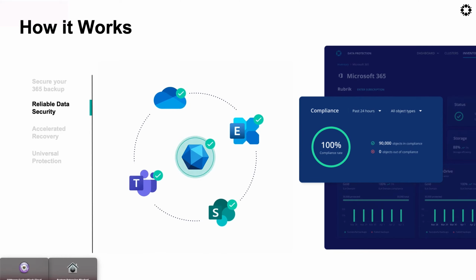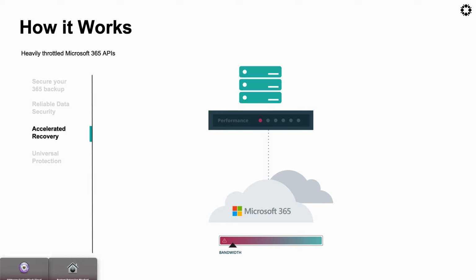So that's the first piece, is the API and handling failure. The next big constraint in Microsoft's ecosystem can be the throttling. So when you push back large amounts of data from Microsoft, you're throttled. Why? They have hundreds of millions of users accessing the platform, and they have to guarantee performance. And where this comes into effect is when you're trying to recover lots of users at once, right? And you may need to do that.